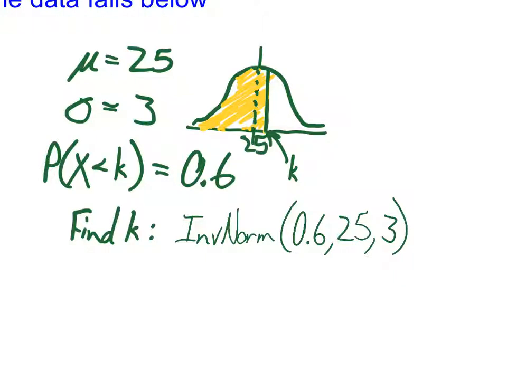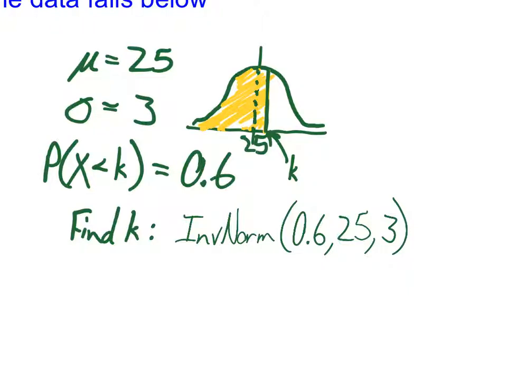Wait, why is the probability the same as area? Because it has to do with how your calculator is finding that probability. The probability is actually defined as the area underneath the bell curve. In fact, we're going to look at this later in the year when we get to integration. What your calculator is doing is using the equation of the bell curve and taking the integral from negative infinity up to k.